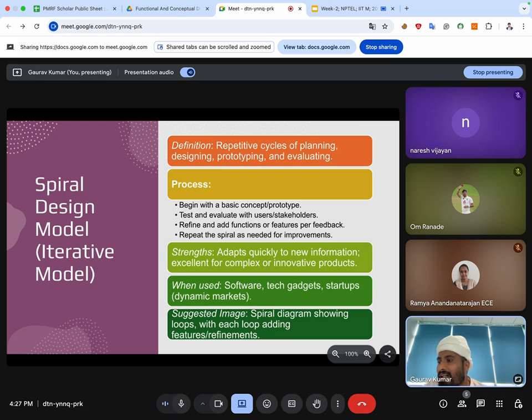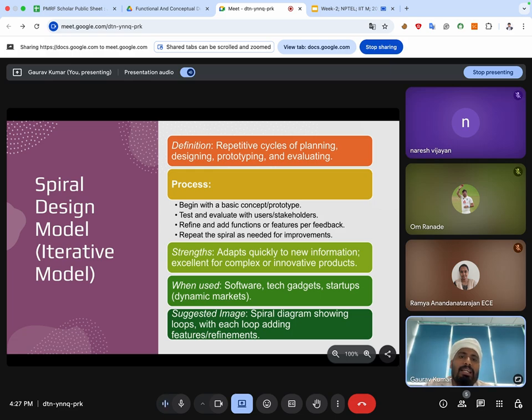Next, let's take an ideal use case. Startups, app developers, game design studios, and software companies use it often. For example, a startup building a smart globe might launch version 0.1 to get user feedback and then update to 0.2 and so on.